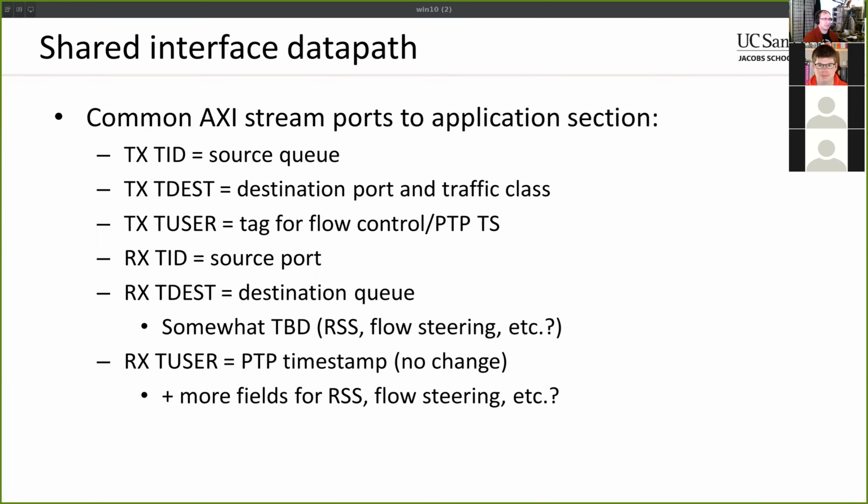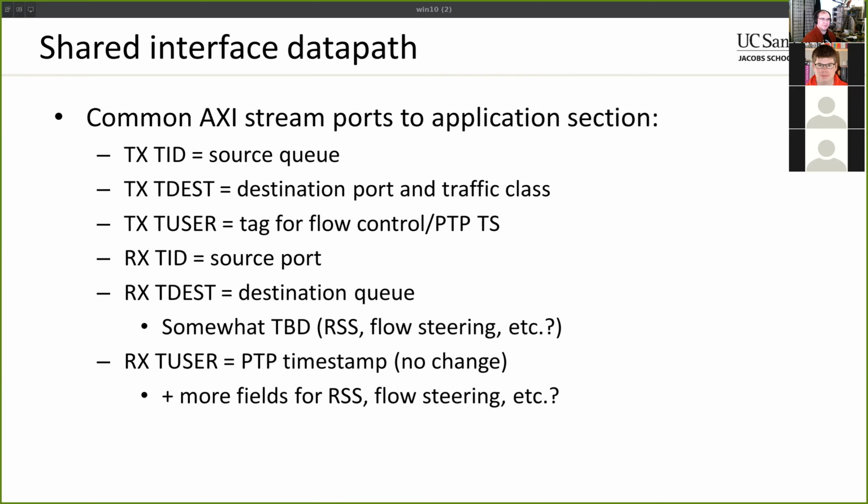The TX TUser will carry a tag, used for flow control purposes internally, as well as associating the PTP transmit timestamp with the packet. That will be returned through a separate PTP timestamp path from the MAC. If you're using PTP, that will provide the PTP timestamp for that transmit packet. Otherwise, it'll be used for releasing the internal flow control credits associated with that packet.